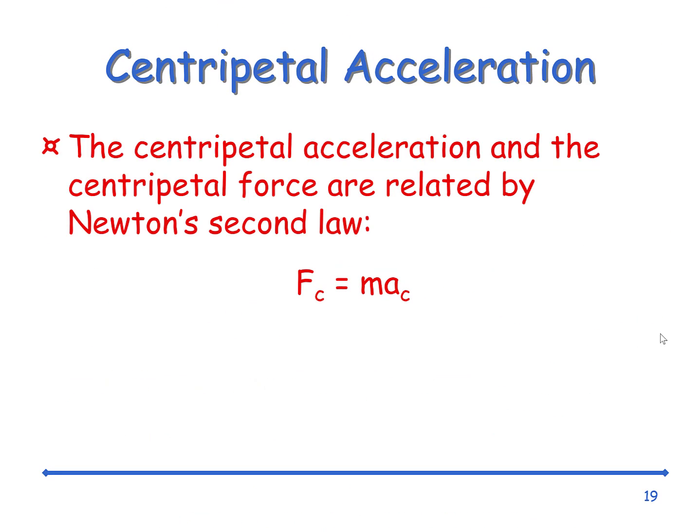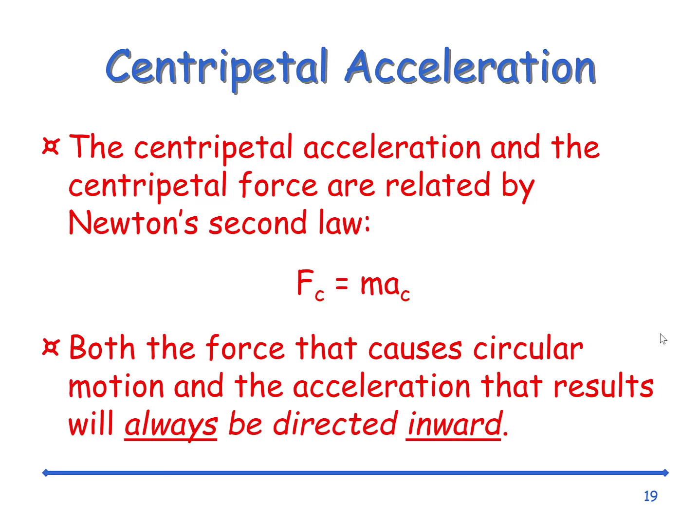Since we have a centripetal acceleration, we also know the mass of an object is constant. We also can calculate using Newton's second law the centripetal force that is applied to our object, which is going to be super useful. We've been talking about centripetal force. We can actually measure it using centripetal acceleration.